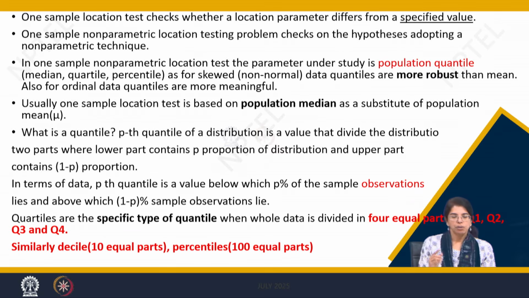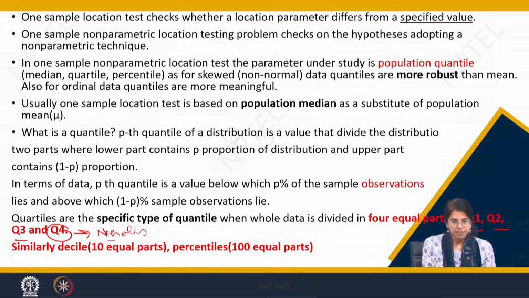Q4 is the maximum. Q4 means total is n, so Q4 is the nth observation. I have written Q4 here, but in general there are only 3: first quartile, second quartile and third quartile, and Q4 is the maximum observation, the largest observation, the nth observation.